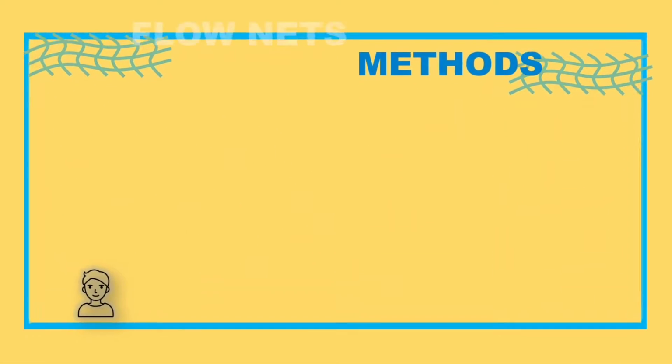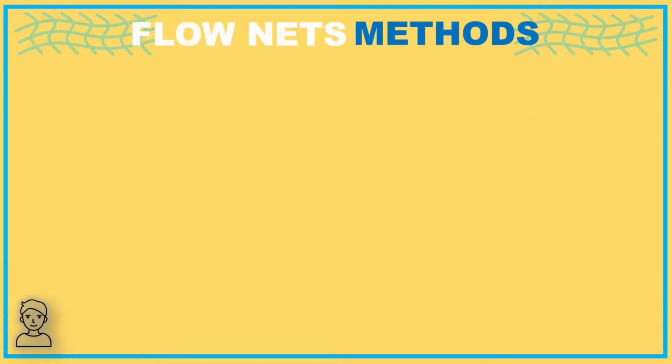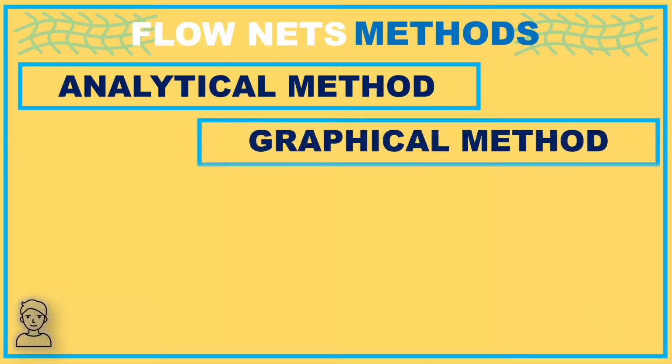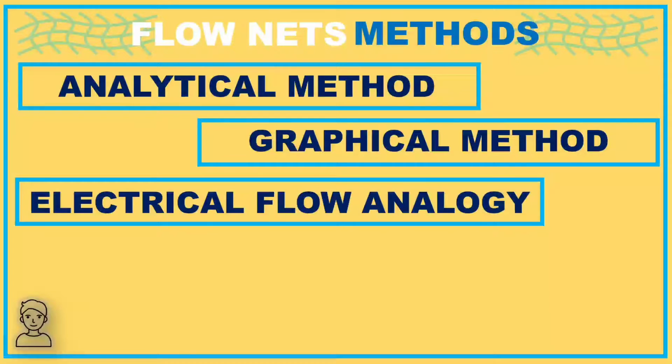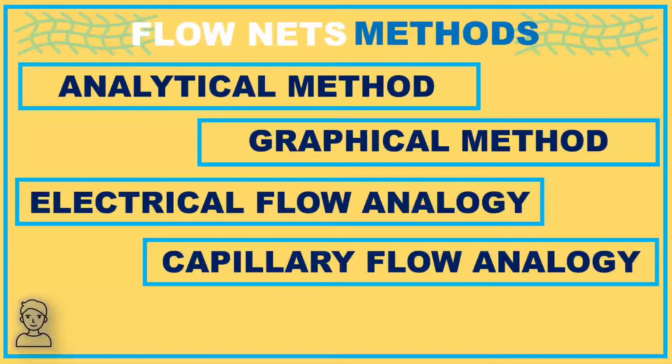We have 5 main methods, I think, to construct a flow net. One of these 5 methods will be discussed in depth later. So we have analytical method, graphical method, electrical flow analogy, capillary flow analogy, and sand model.